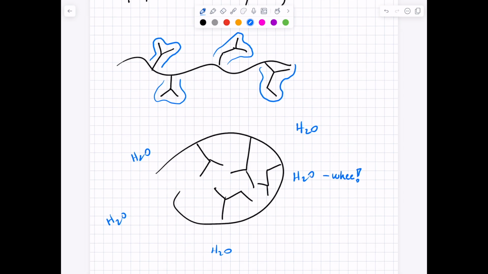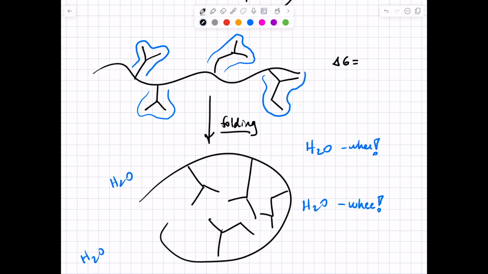And you can tell that's favorable because they are all saying, "Whee!" Now, what do we mean by favorable? Well, we mean this process of collapse so that the nonpolar side chains are all in the interior of the protein. We call that process folding, and it's driven by, as are all processes, free energy, which comes from enthalpy.